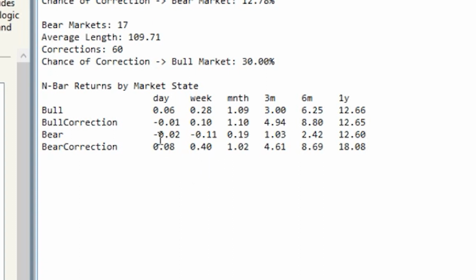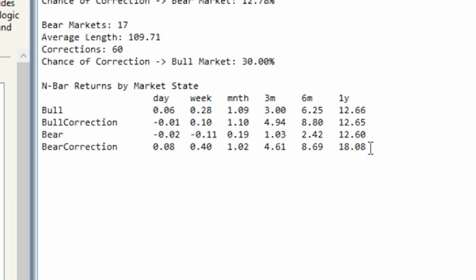While we're in a bear correction, we actually have the best daily, weekly, not quite monthly, but the 3-month and the 6-month and the 1 year average returns are superior to the bear and the bull market itself.